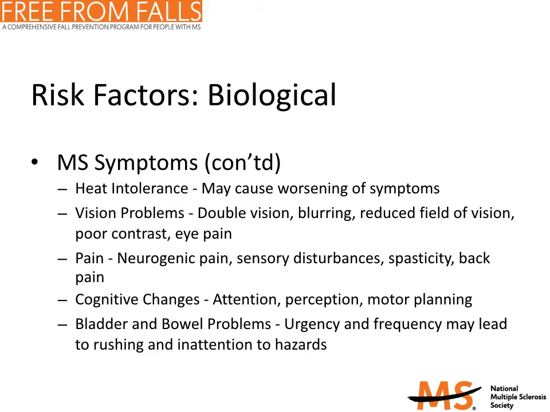The term cognition refers to a range of high-level brain functions. Cognitive changes are common in people with MS, with approximately 50% developing problems with cognition during the course of their disease.